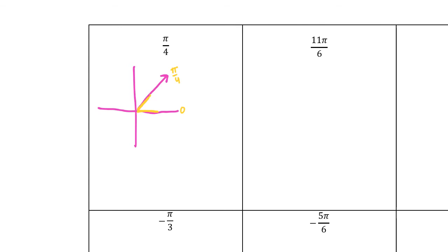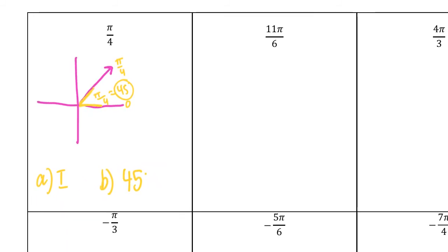How far apart are 0 and pi over 4? Well, we should figure out that that is pi over 4. Pi over 4 is the same as how many degrees? 45. So our reference angle is 45 degrees. So it lands in the first quadrant, and our reference angle is 45 degrees. Remember, it'll always be 30, 60, or 45.